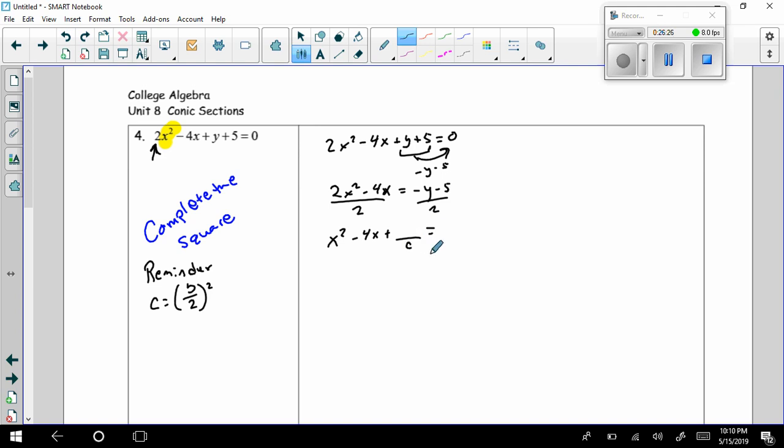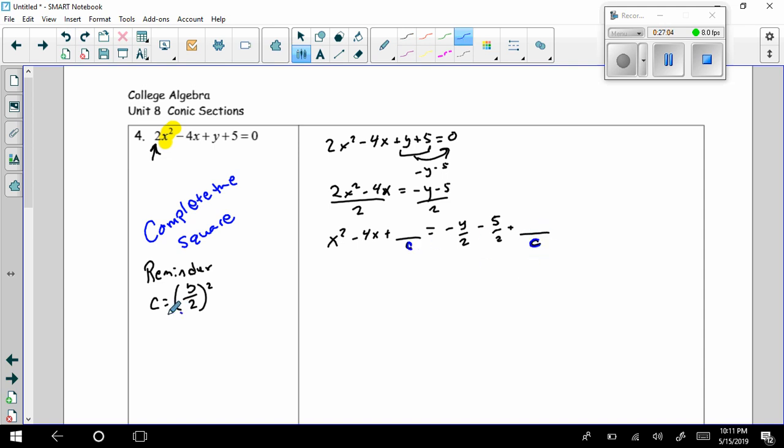This is where we're going to fill C. Negative y minus 5 over 2, or it actually might be better. Let's do this: negative y over 2 minus 5 over 2. Because remember, then we're going to add C to that side as well. Let's do that in a different color.